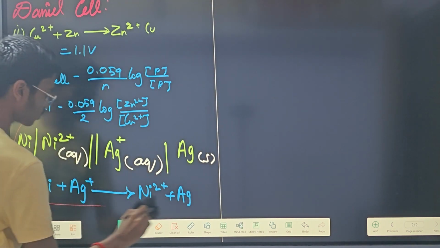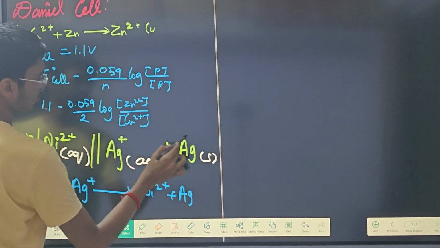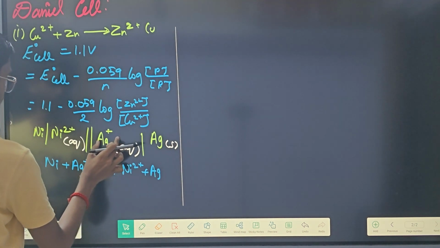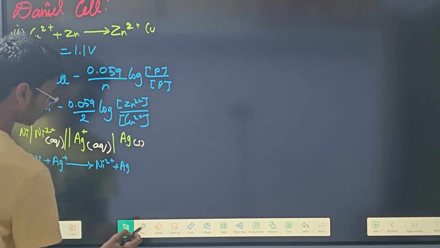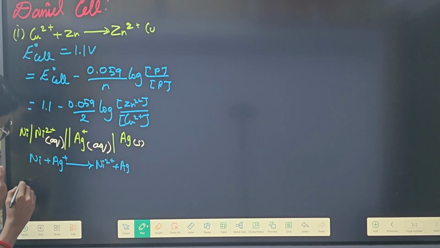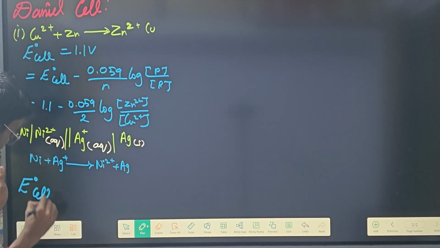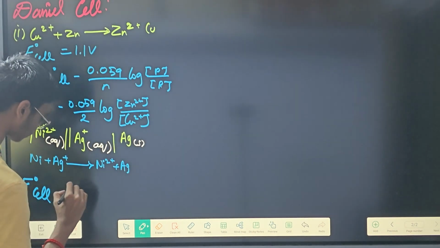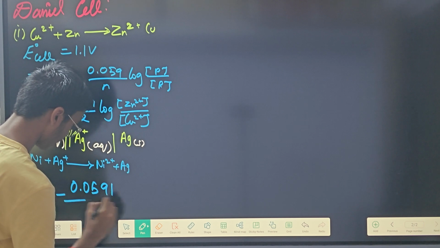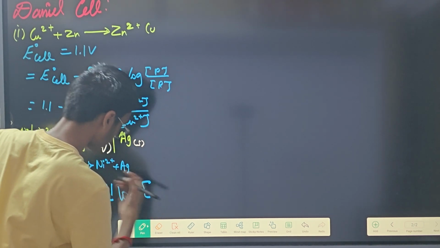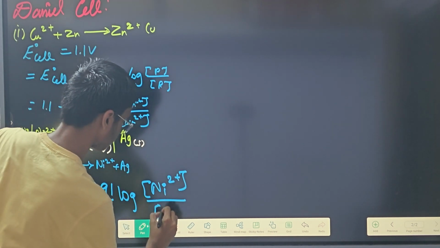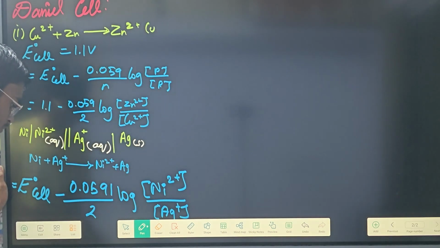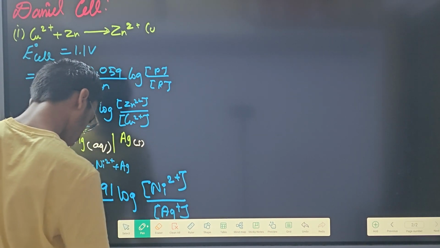It is going to be E cell equals E naught cell minus 0.0591 by 2 into log of the concentration of products, Ni2+, divided by Ag+. This is the formula that you are going to use.